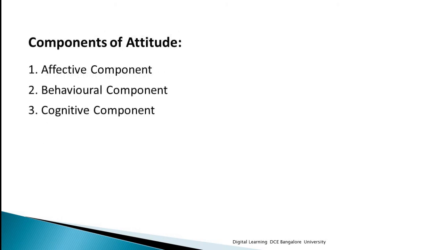Then the next topic is components of attitude. There are three components of an attitude. First one is the affective component, the second one is the behavioral component, the third one is the cognitive component. So it is nothing other than A, B, C. So what is this affective component?